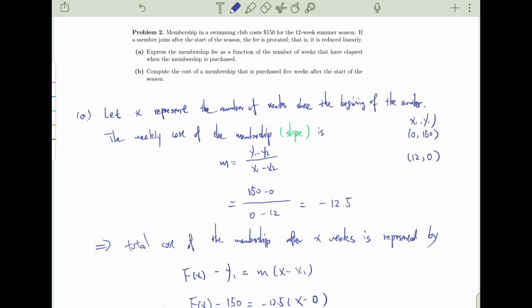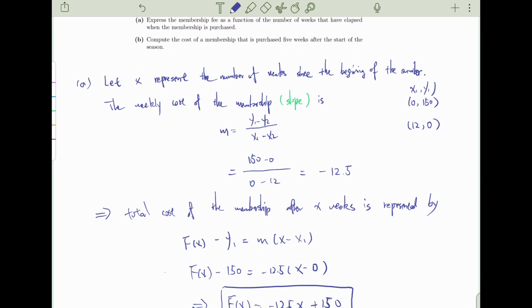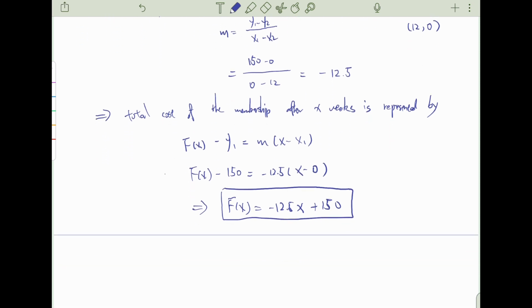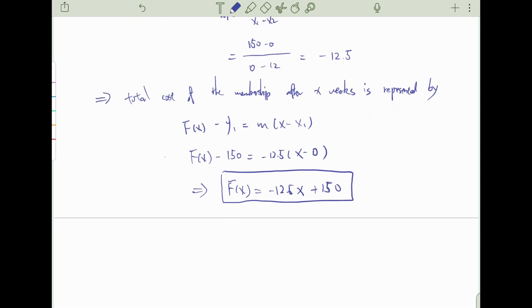Compute the cost of a membership that is purchased 5 weeks after the start of the season. So that is a straightforward question. So after 5 weeks, that means x is equal to 5, right?